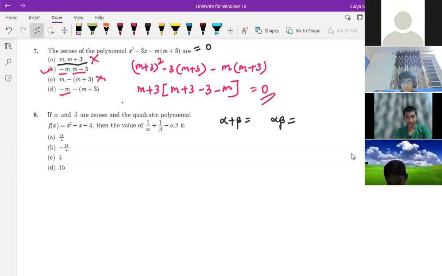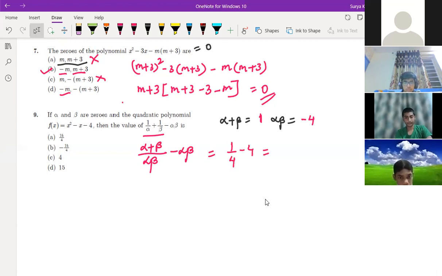So minus b by a, that is minus b is nothing but 1 only, and a is 1 only. Alpha plus beta is 1 only, Praharshan. Yes. And alpha beta is minus 4. So if you solve this part, you'll get alpha beta here. And here you'll get alpha plus beta and minus alpha beta. So 1 by 4 minus 4. So you're getting minus 15 by 4.